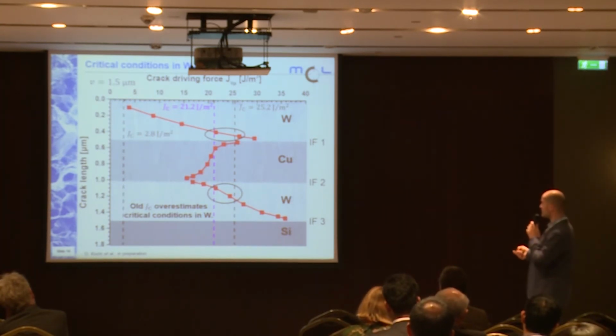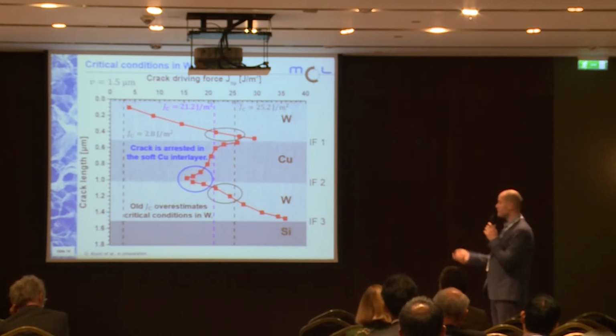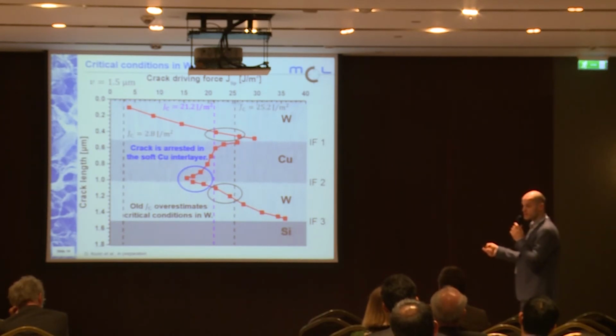We can also say that the copper interlayer creates an arresting environment for the crack. After the crack propagates through the tungsten layer and enters the copper layer, as the crack gets longer the crack driving force decreases, which means the crack is arrested inside the copper layer.